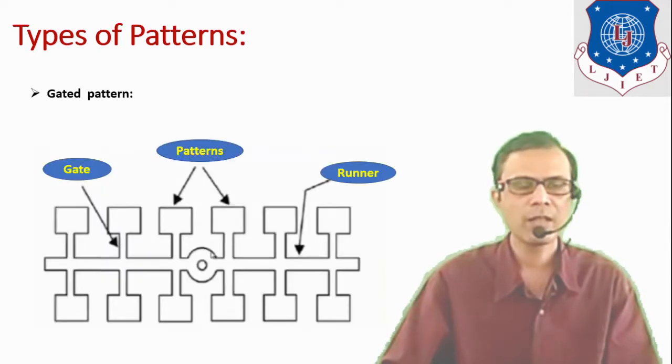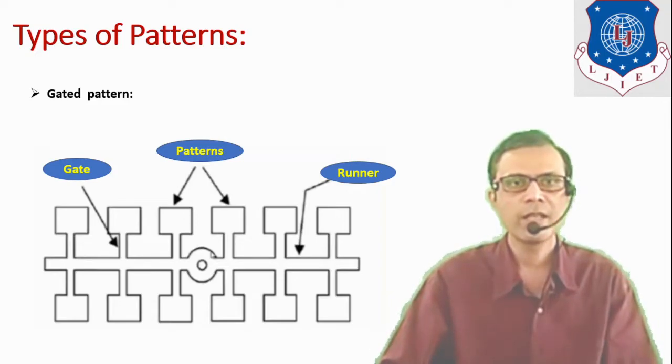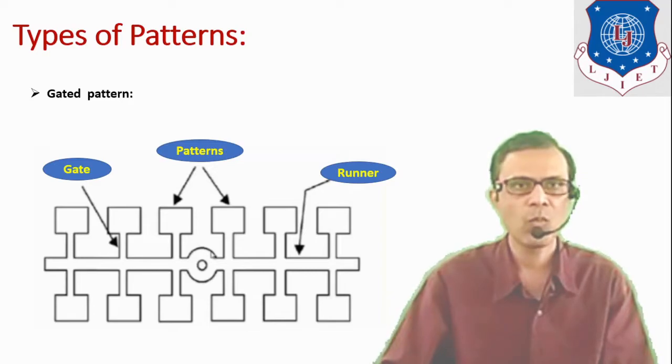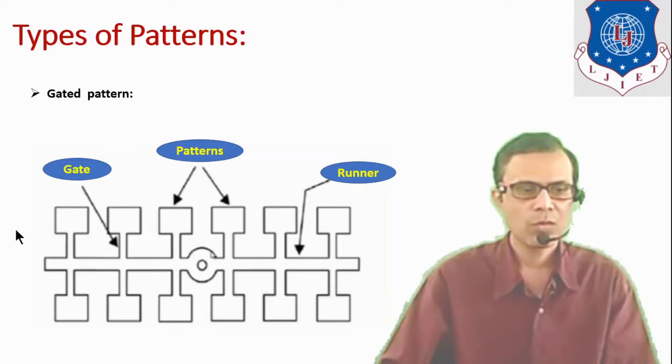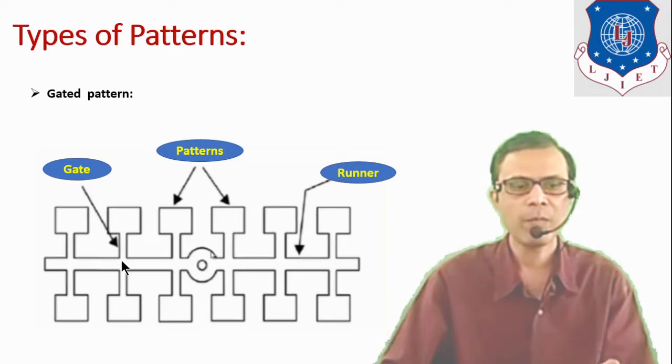Next type of pattern is a gated pattern. By this type of pattern we can produce multiple castings of the same shape and size in a single application. It can be useful if the size of the casting is small. One simple example is shown here. It consists of a runner and gating system for each and every pattern.